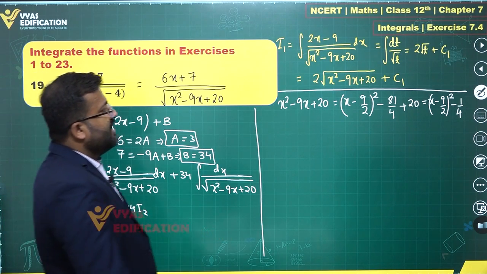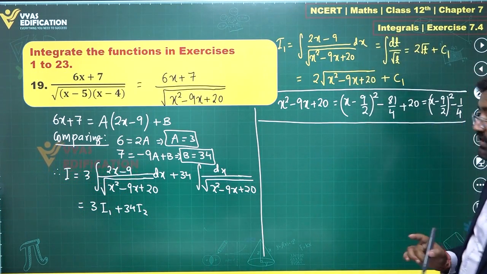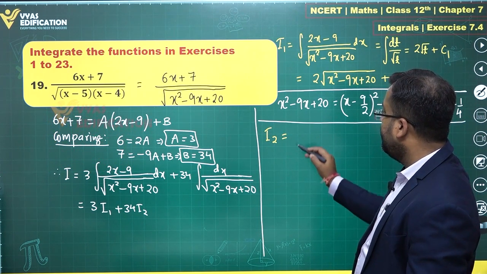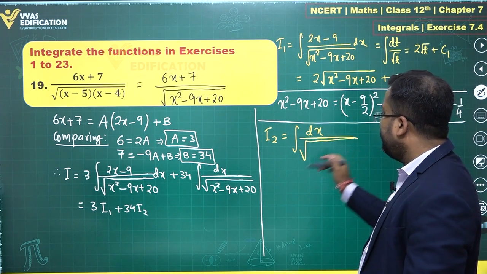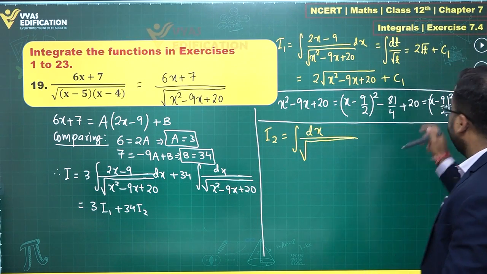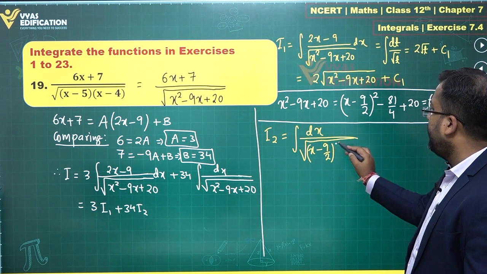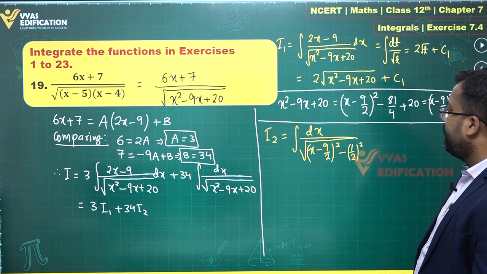Yes, that's okay. But once I have converted this, therefore I can write I2 now. I2 is equal to what? Integral of dx upon square root of this expression, which is x minus 9 by 2 square and minus 1 by 2 square over here.